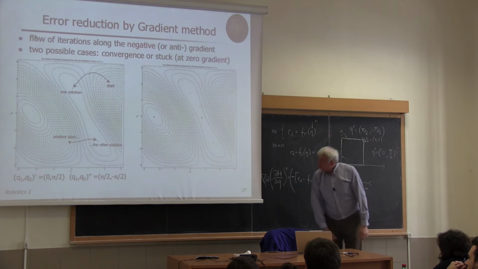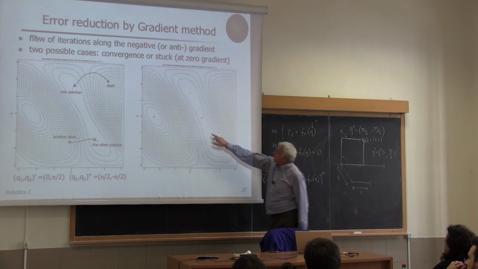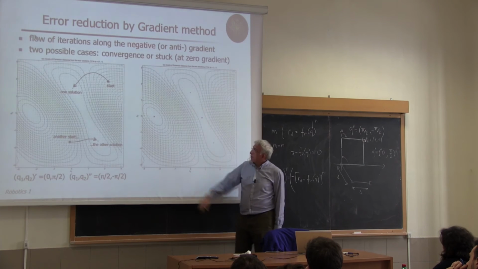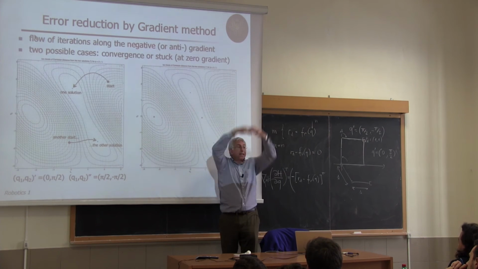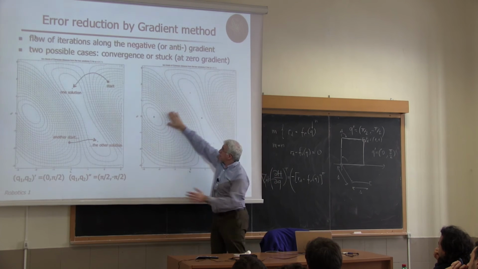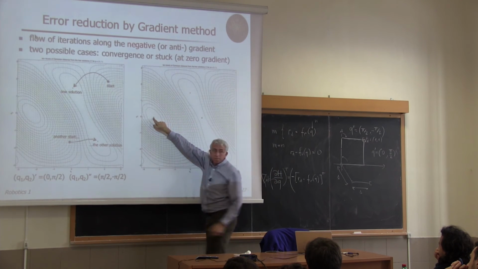Now, when things can go wrong. So look at these points. This point and this point. If you remember the figure, there was a maximum somewhere. So this is a maximum. It's the highest point of the hill.